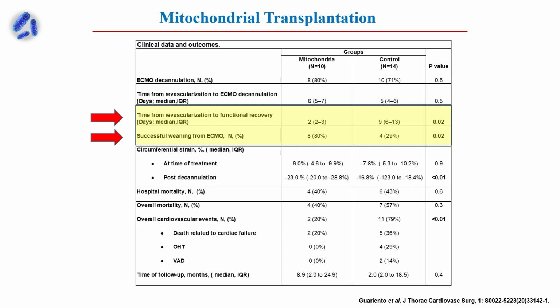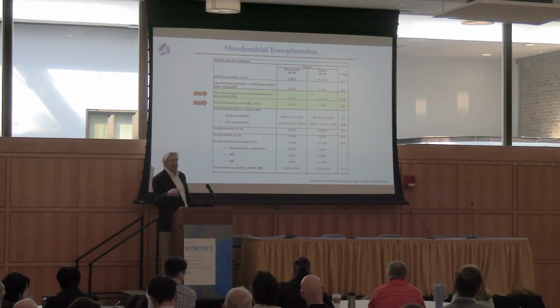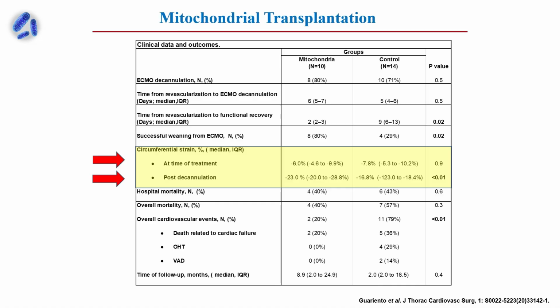And this is historical. We don't say, oh, we're going to give you one baby mitochondria. Successful weaning from ECMO within those 2 days was 8 versus 4 out of 14. The other thing is, at the time of treatment their hearts were working very poorly, -6 to -23.